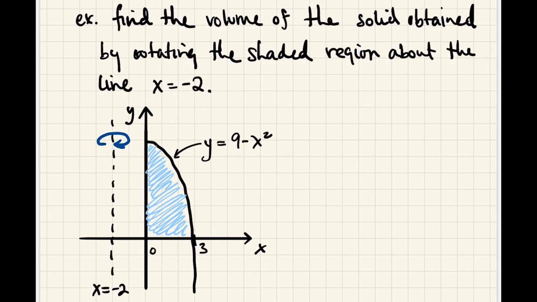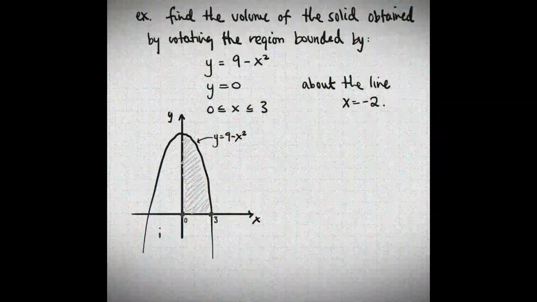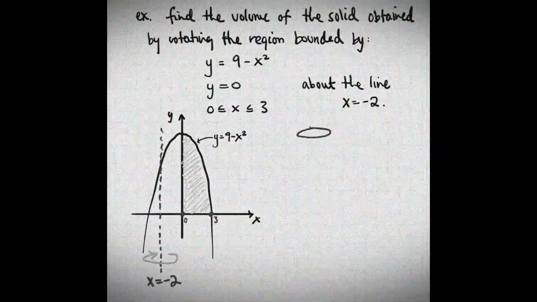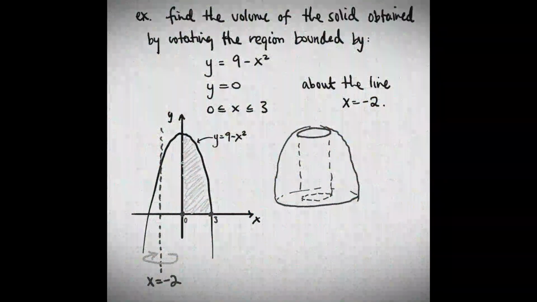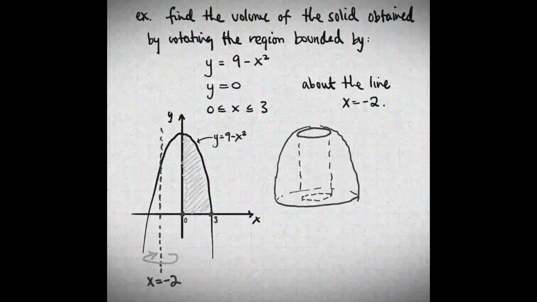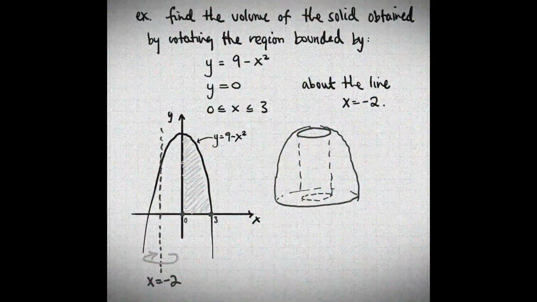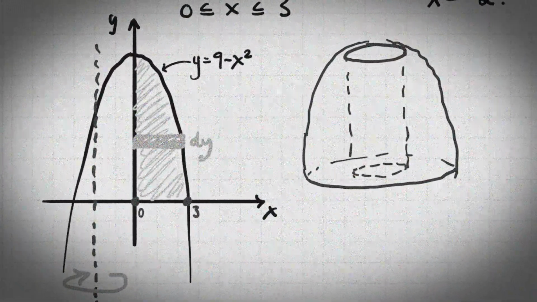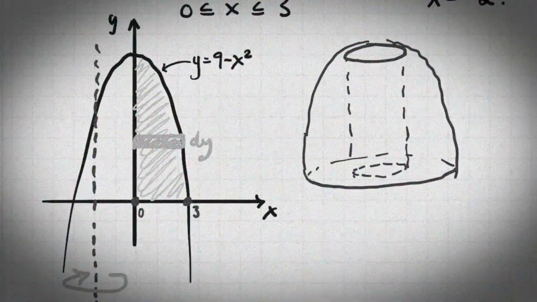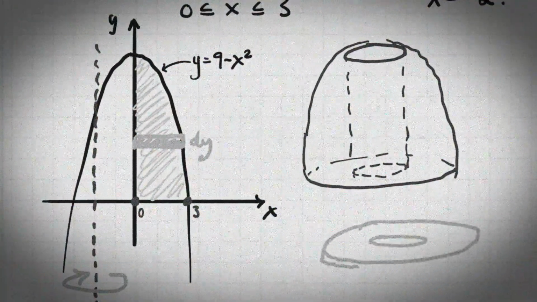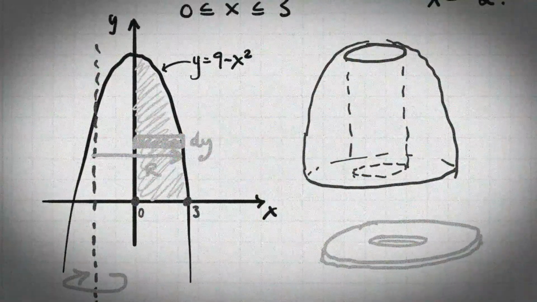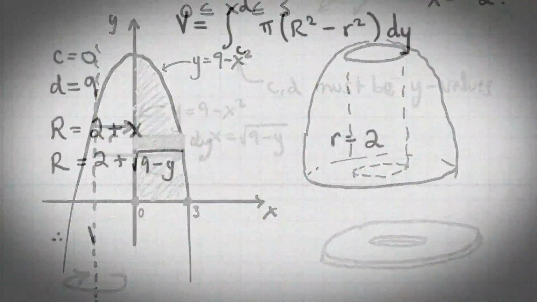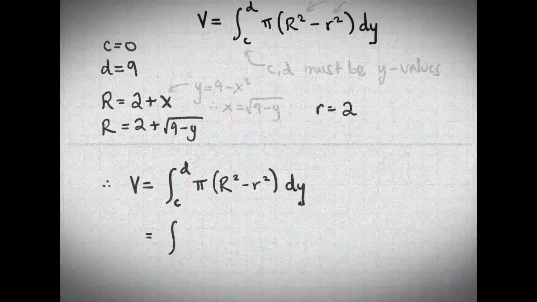All right, here we are with another volume problem. And this one should be familiar to you because we worked it out as one of our examples in the last lecture. But back then we only knew the disks and washers method, so we were forced to integrate this one with respect to y in order to create a washer shape, which involved converting this function into a function x of y.